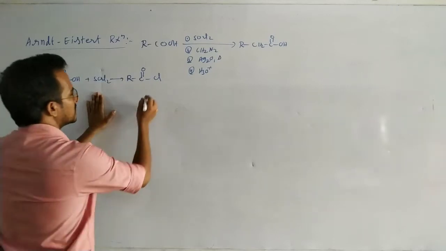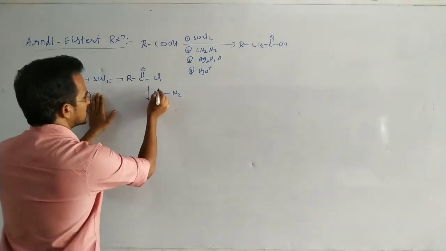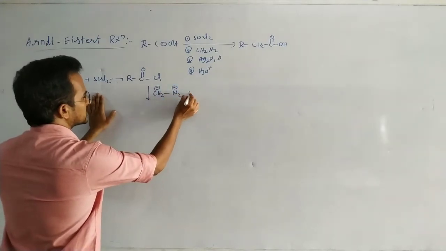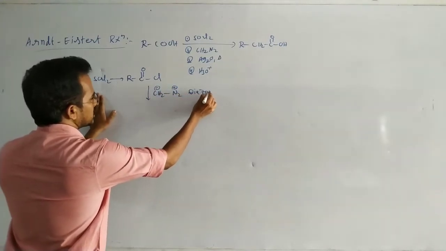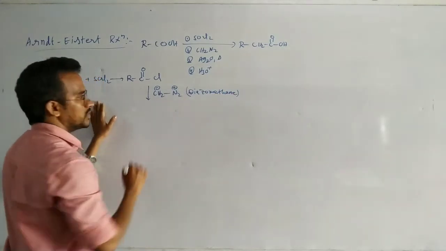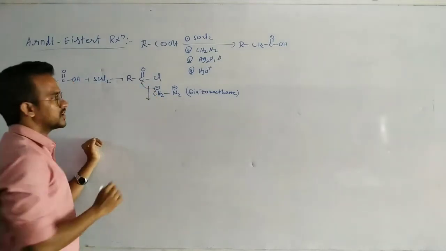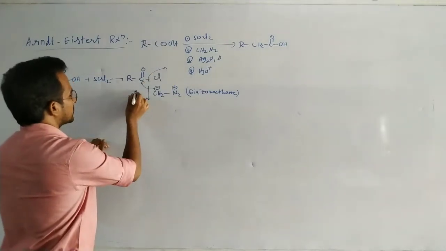Now this acid halide, on treating with diazomethane, CH2 minus, N2 plus, this is diazomethane. Now CH2 minus attacks this carbon and leaving of Cl minus takes place.